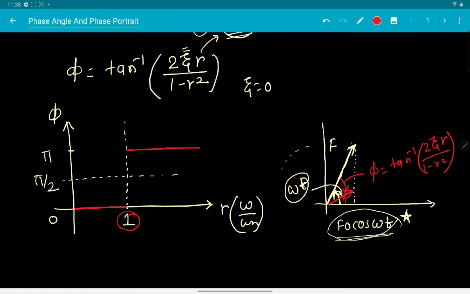Now this relationship between f and x is going to be like this, only the entire set, this f vector as well as this x vector, is going to rotate in the anticlockwise sense with increasing t. The moment you fix the r value, xi is already fixed, you have picked up the xi value, so xi is already fixed.